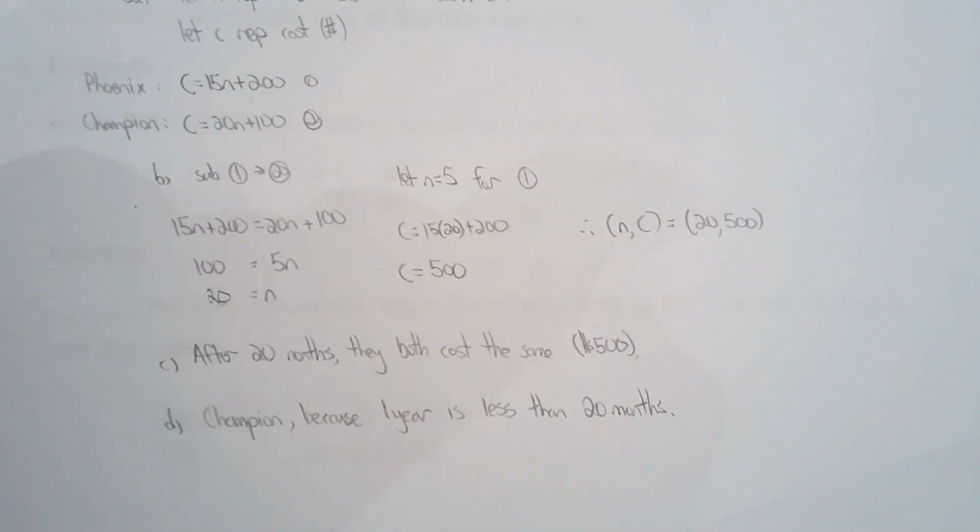If you didn't see that logic, what you could have done is just let n equal 12 for both the equation for Phoenix and the equation for Champion Health Club, and you realize that Champion costs less than Phoenix Health Club. How much less? I don't know, but you can easily sub it in. You know what? Let's quickly do it.